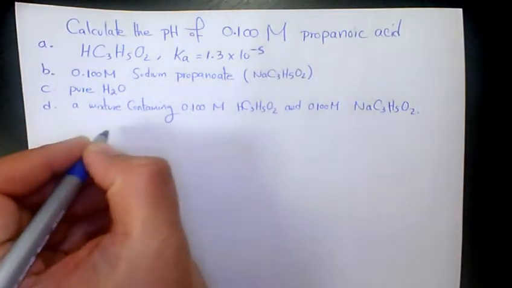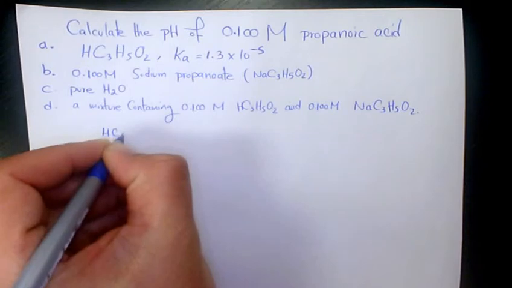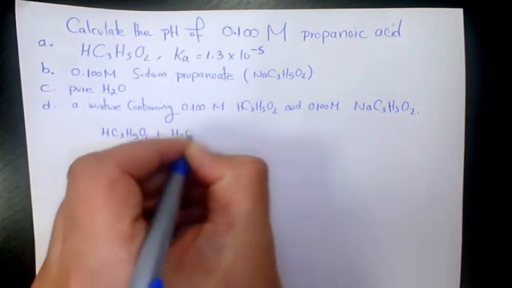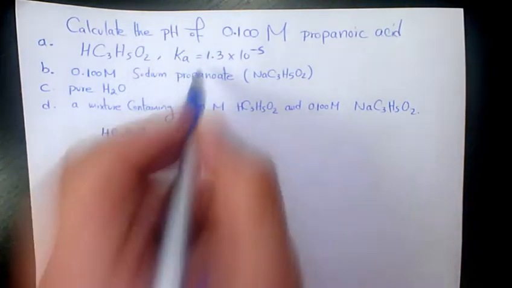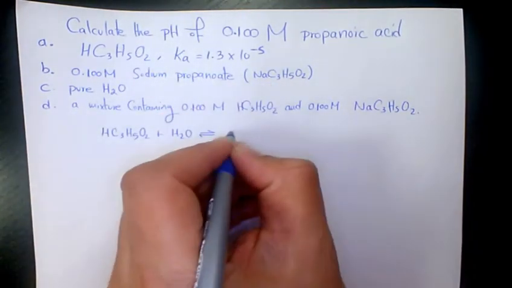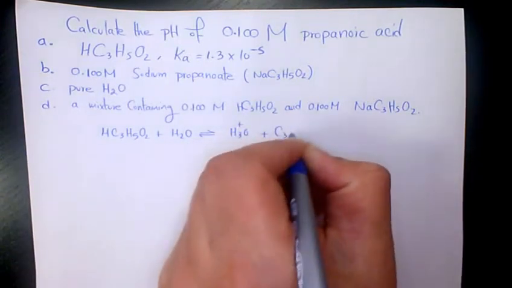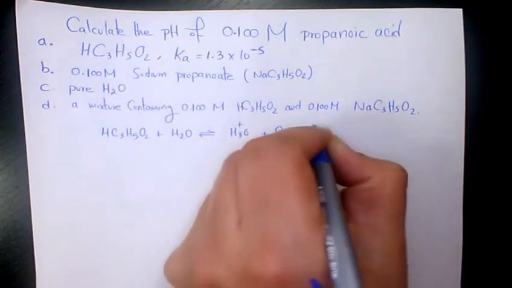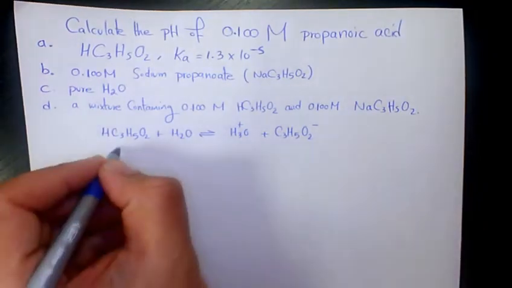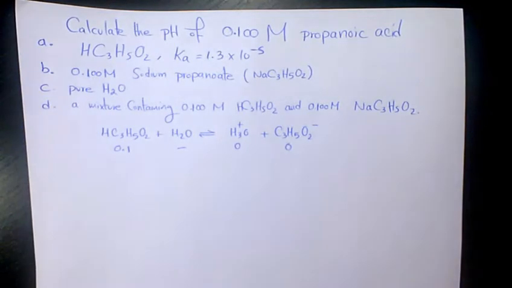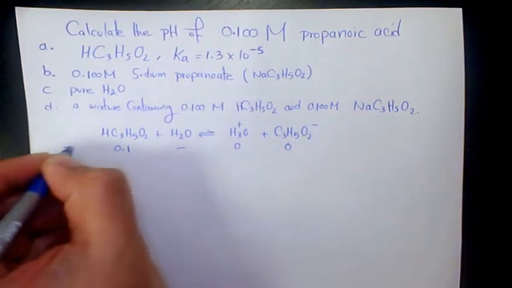So I'm going to write HC3H5O2 plus water is going to produce, because it's a weak acid, that's why we have Ka, H3O plus and C3H5O2 minus. So we have 0.1 in here, 0 and 0 right in the beginning. That's the initial.